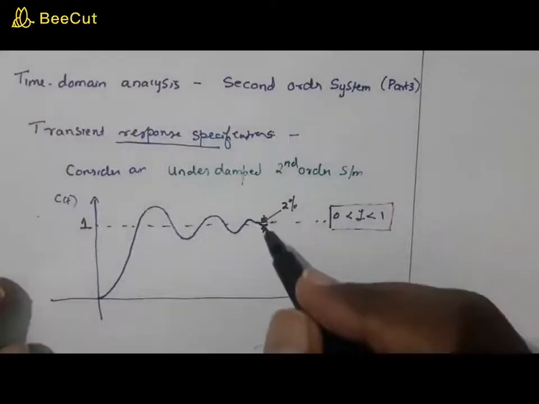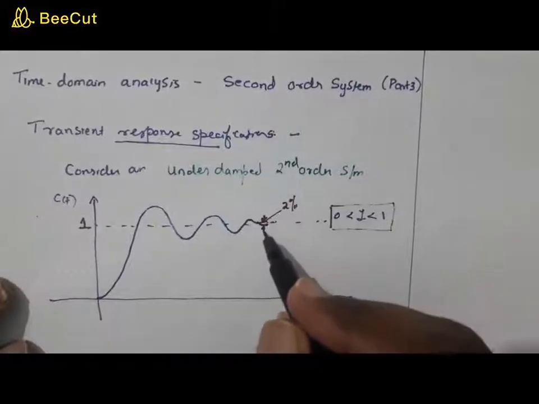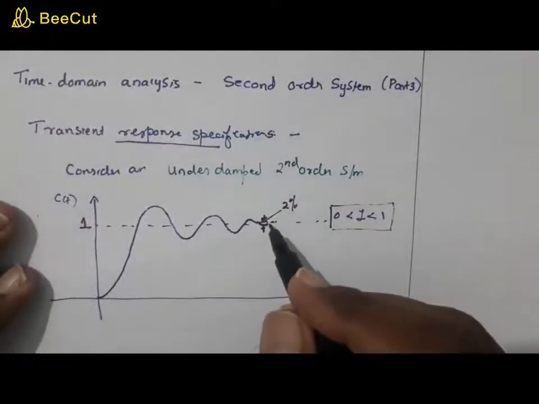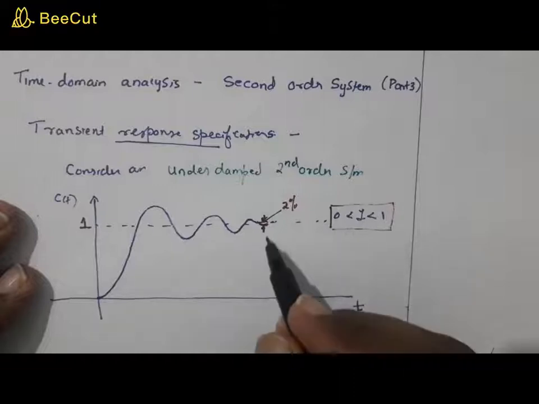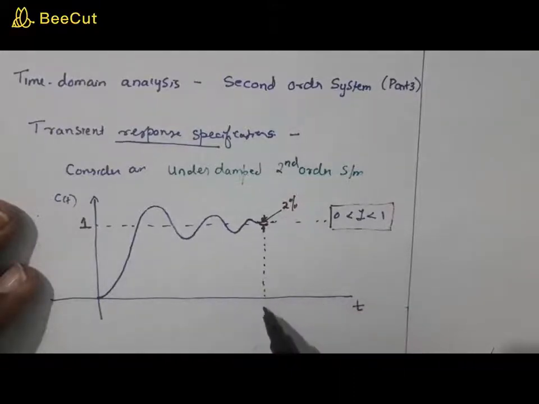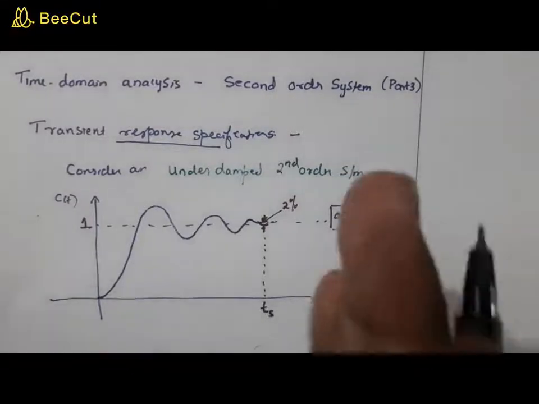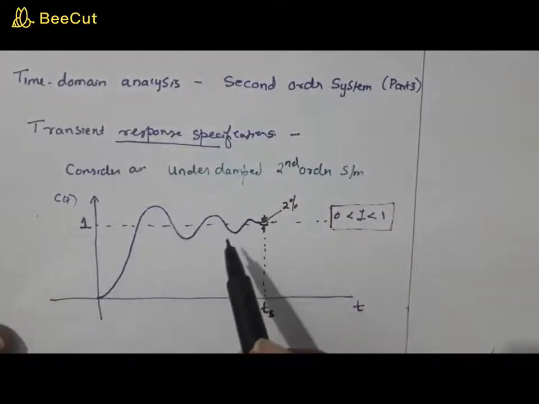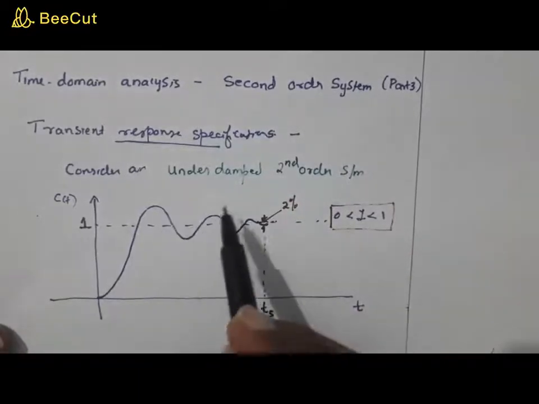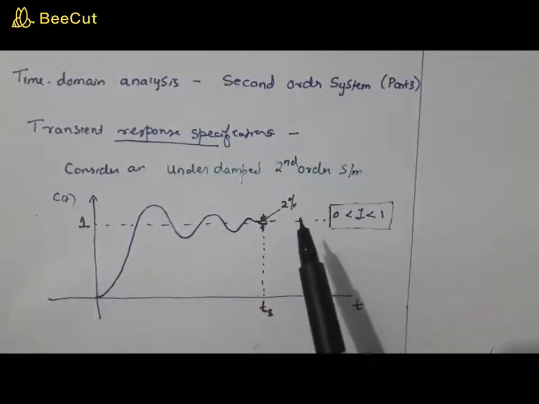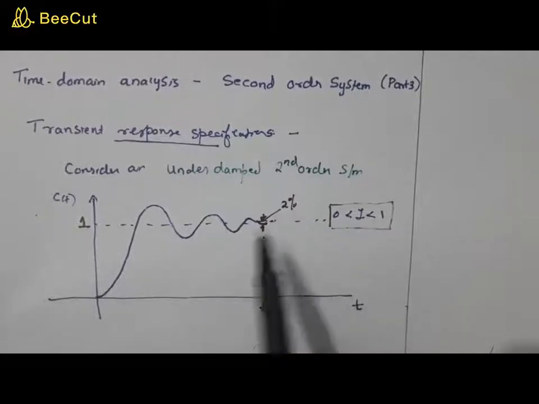Now up to this point, if we are providing a 2% tolerance, that is, we are not at all worried about that error, then we can assume that after this point, a time has to be taken for this, and for the meantime I'm just calling it TS. We'll come to that later. So till this time the output varies continuously, in an oscillating mode, and finally it reaches almost equal to 1, or we just assume that there is only a 2% error after this.